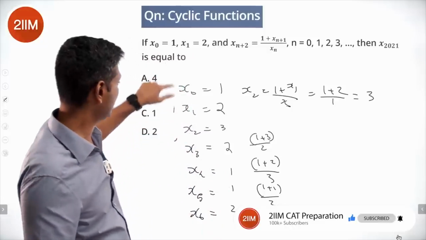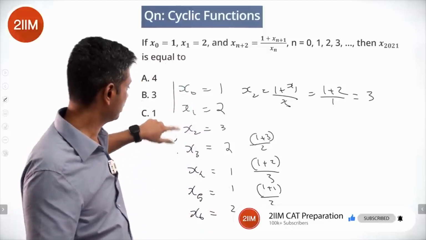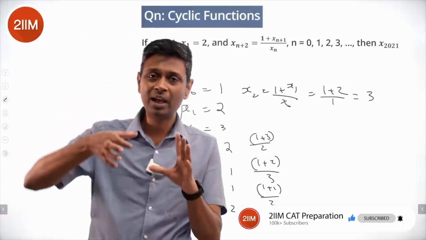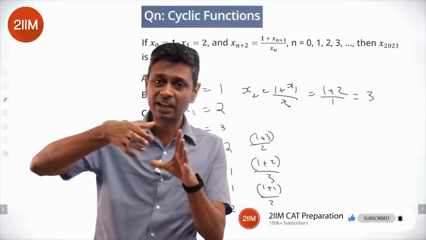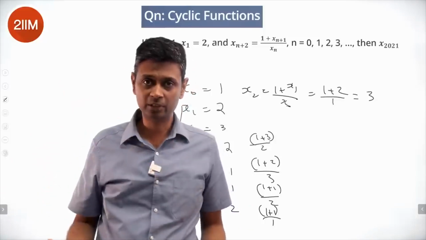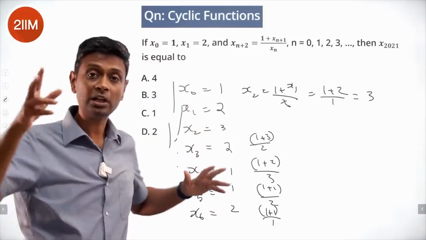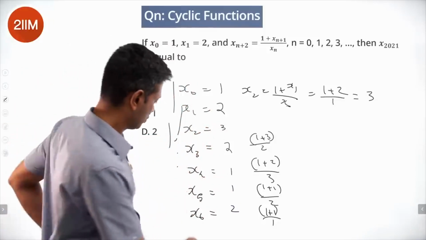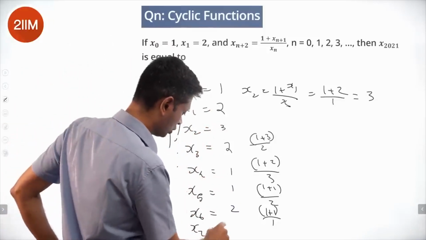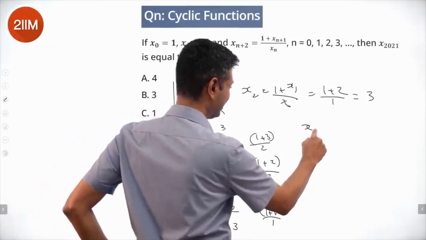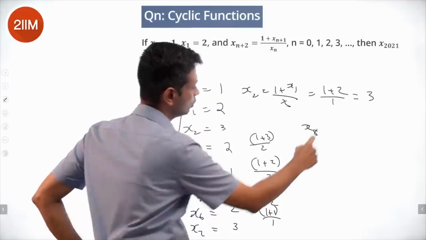This is generated by plugging in a rule here. The moment a pattern recurs, after that it will become a cycle. So if I see a 2, 3 somewhere, this 2, 3 generates a 2, that 2, 3 will generate a 2. And so x7, 1 plus 2, 3 by 1, 3. x8, 1 plus 3, 4 by 2, 2.